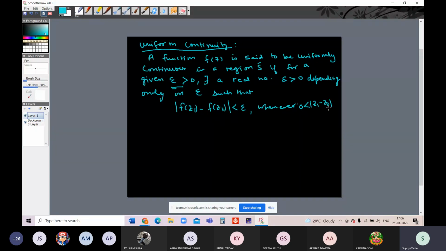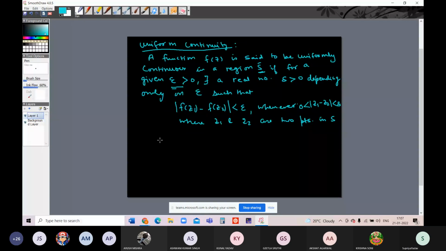The points z1 and z2 are chosen from this region S, and they are not equal. That's why this modulus is always greater than 0 and less than delta, where z1 and z2 are two points in region S.